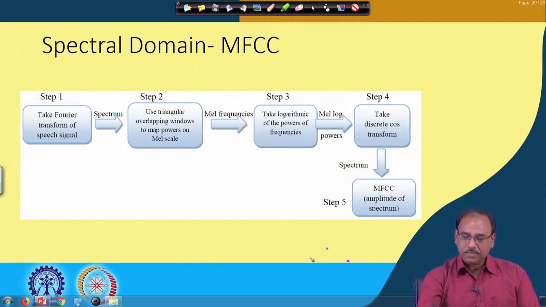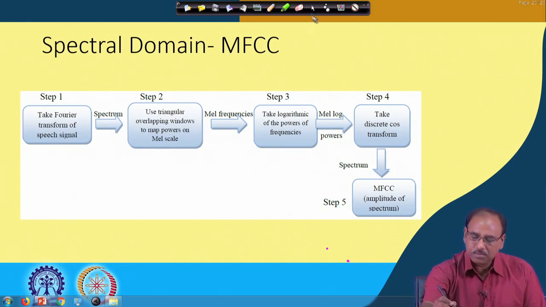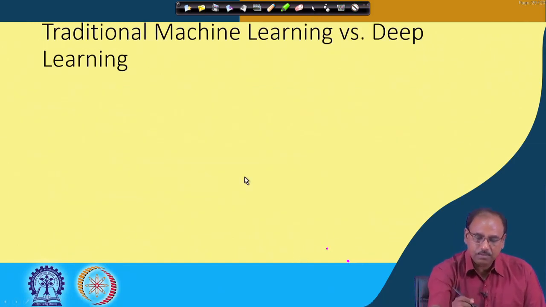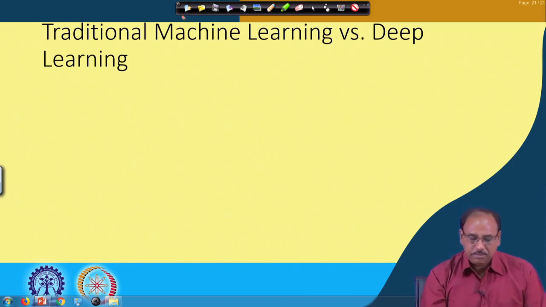So, what is that? In the traditional machine learning approach, the system is like this.